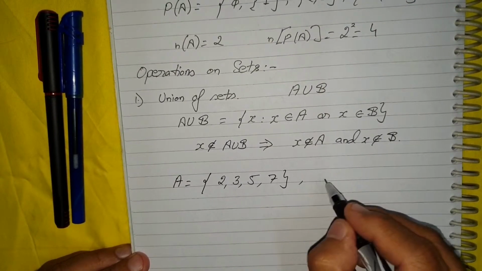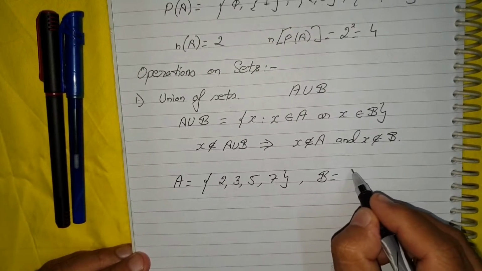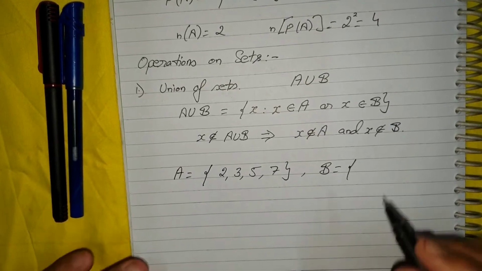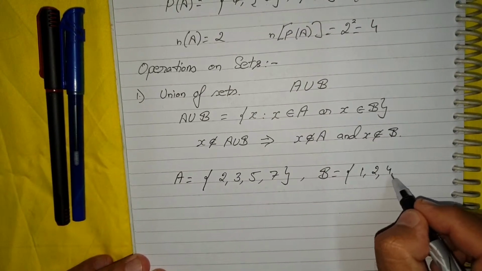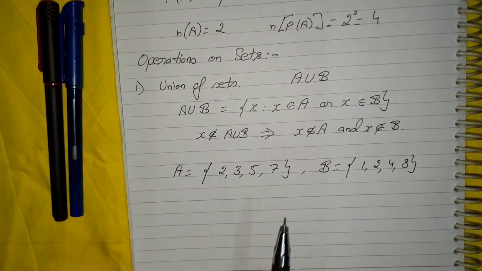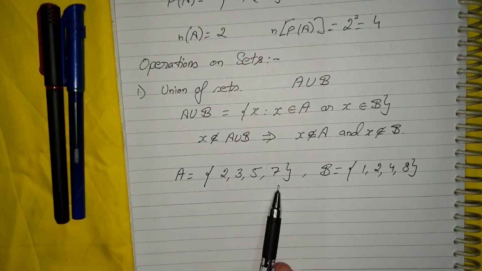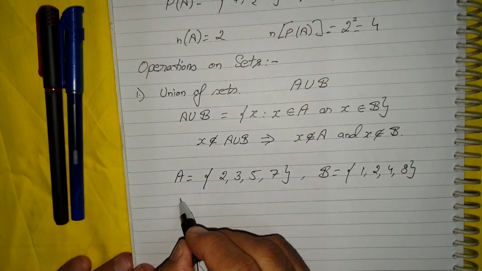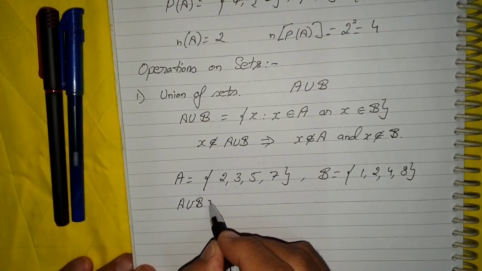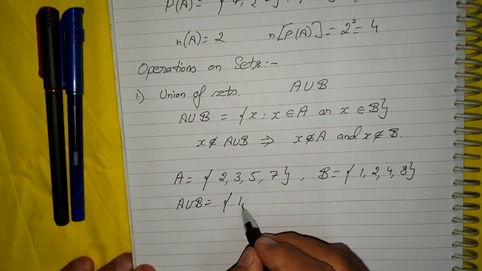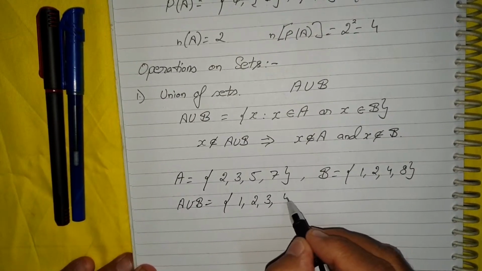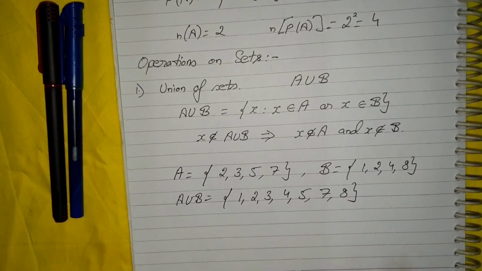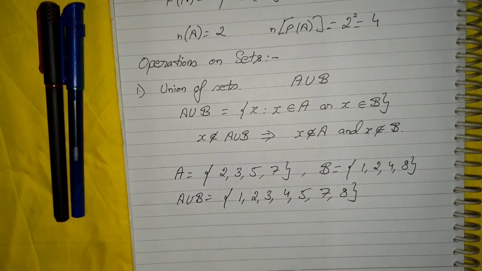And for B, you can take the factors of 8, so that will be 1, 2, 4 and 8. So A union B is simply you add all the elements: 1, 2, 3, 4, 5, 7 and 8. This is what A union B is.